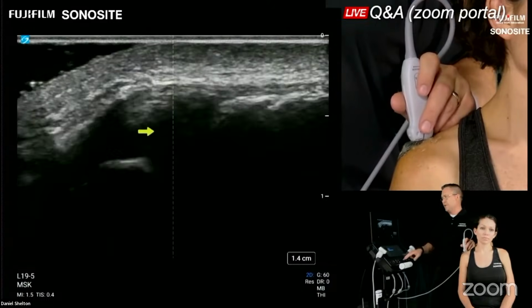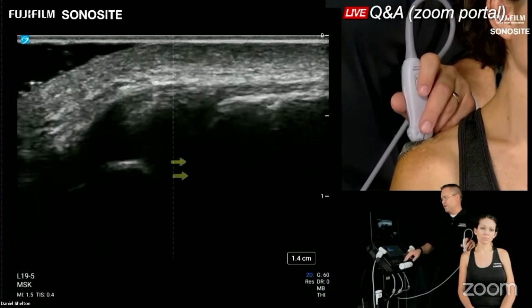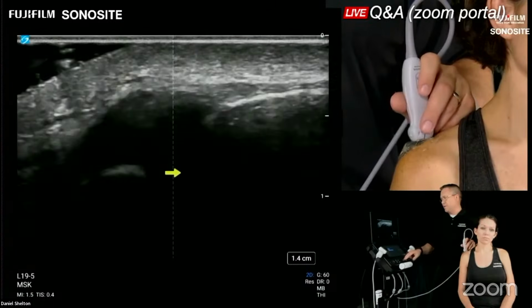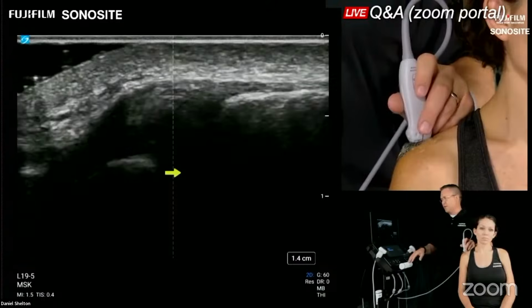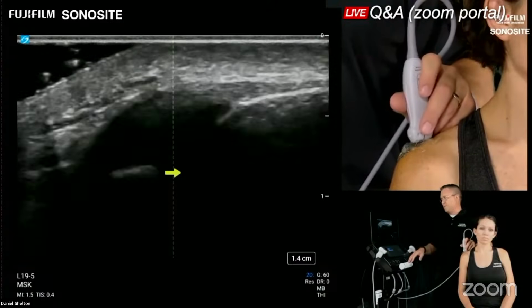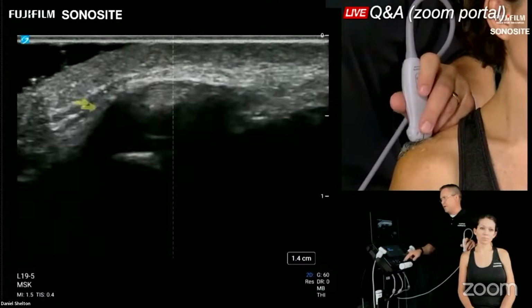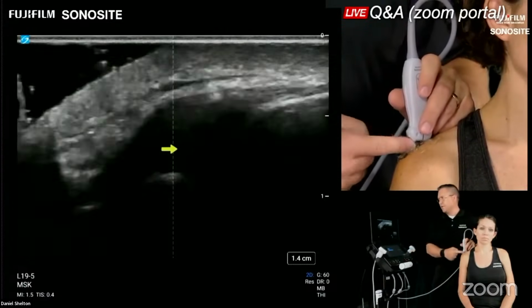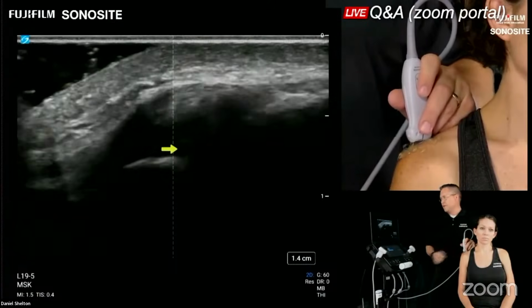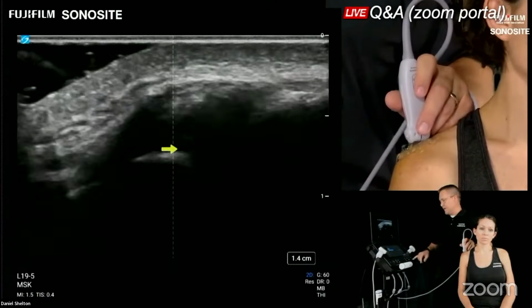Once you pierce that ligament, you can spin and go bevel down and watch the injectate pour into the joint. But I would say 90% of the time, most people just drop the needle out of plane. But for those that really want to see the needle go in long axis to their target, this is the typical approach. Right here, you can see my finger will start coming in under the right side of the screen, kind of representing the needle's path.